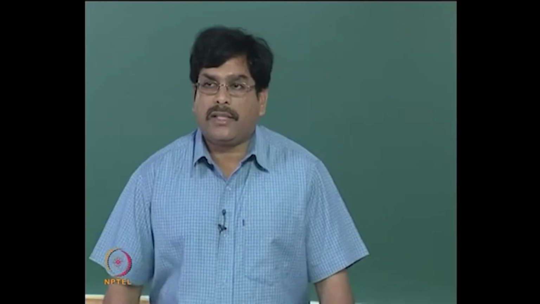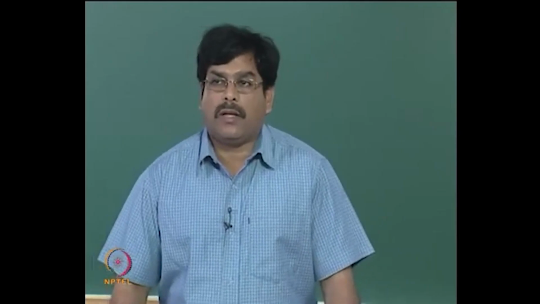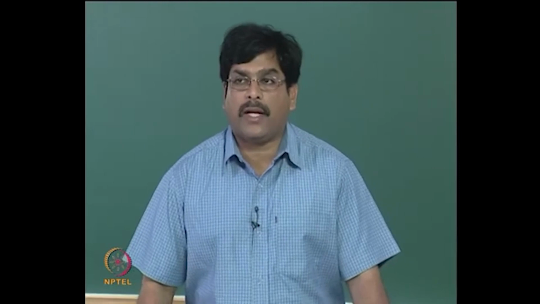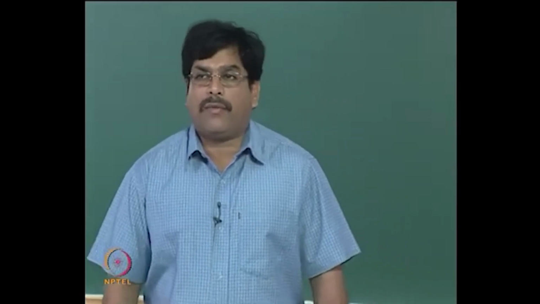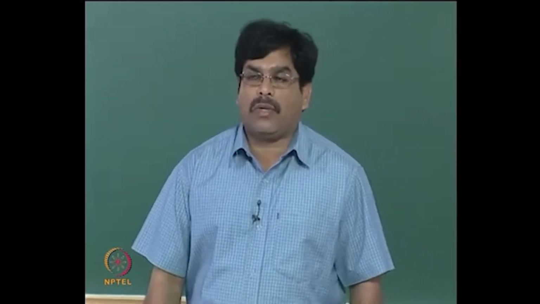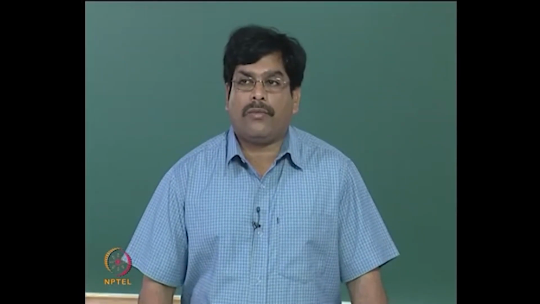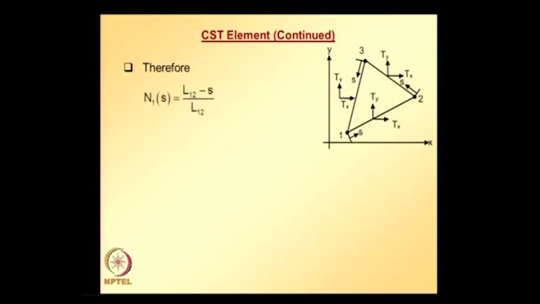Along side 1 2, the only non-zero shape functions are n1 and n2, and the expressions for these shape functions can easily be obtained using the Lagrange interpolation formula, knowing the nodal coordinates of nodes 1 and 2, which we discussed many times earlier.